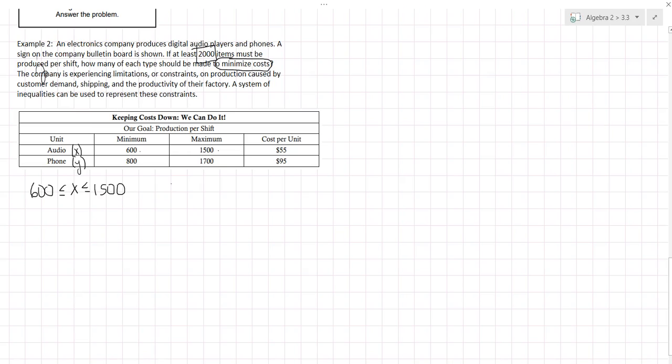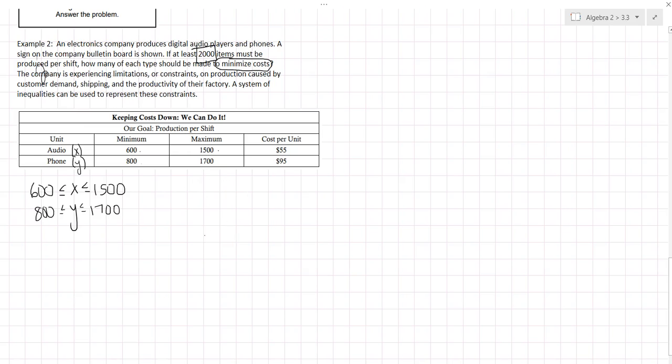If you like writing them separately, you could do X is greater than or equal to 600 and then X is less than or equal to 1500. And then the same for the phone, minimum of 800 and maximum of 1700. Then you could also write it like we did on the other one.